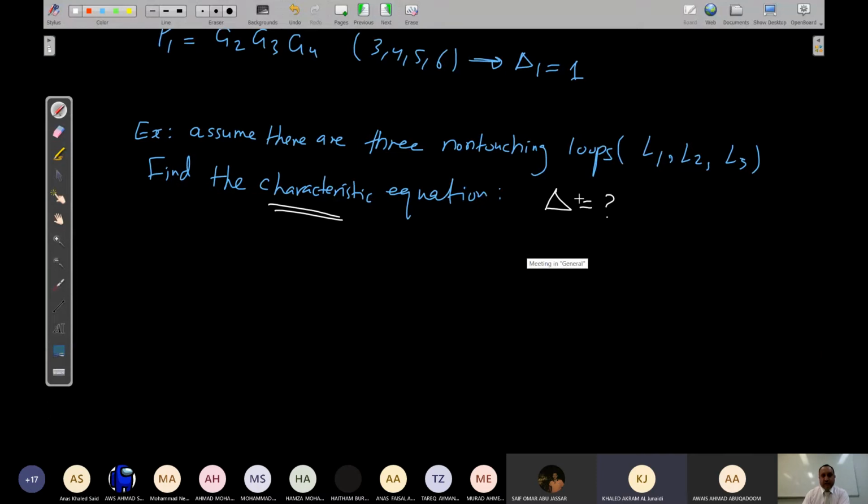I need to find the delta in a system where I have 3 loops and those loops are non-touching.